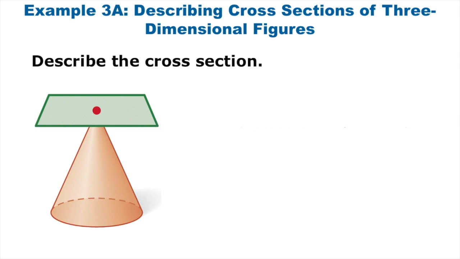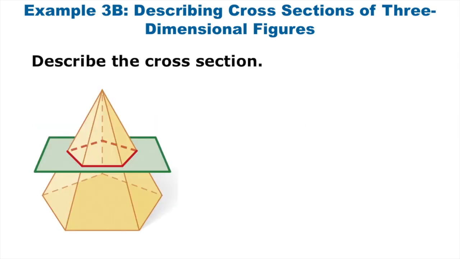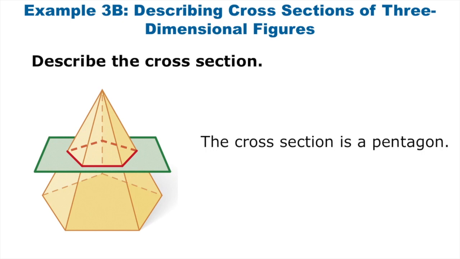In this example, the plane is intersecting the pentagonal pyramid in the middle, and the middle of the pyramid is in the shape of a pentagon as well. So the cross section is a pentagon. So all of our answers for the cross section are going to be a 2-dimensional shape.